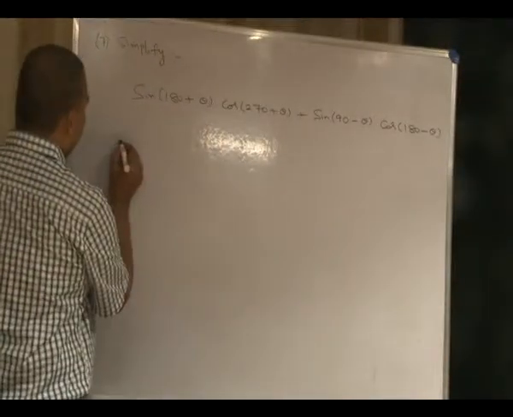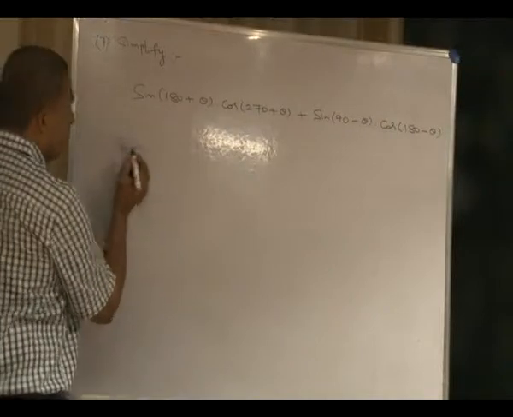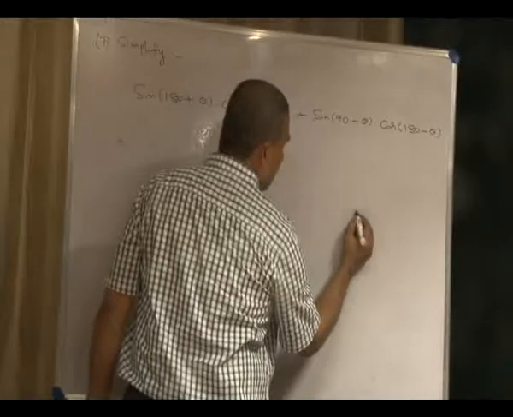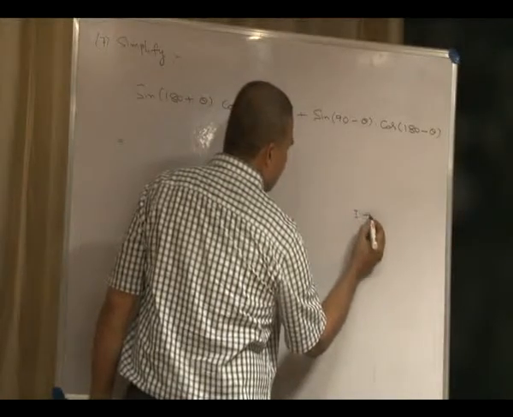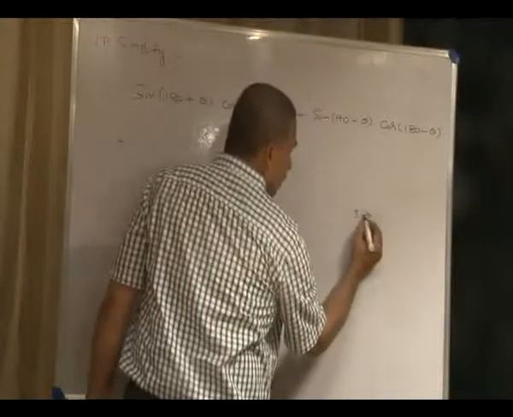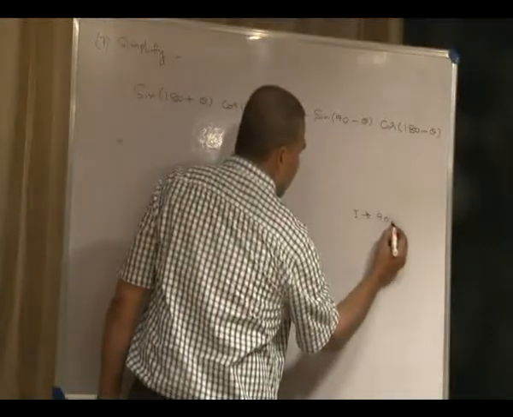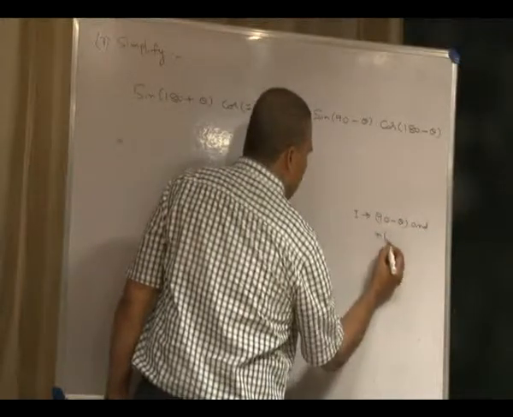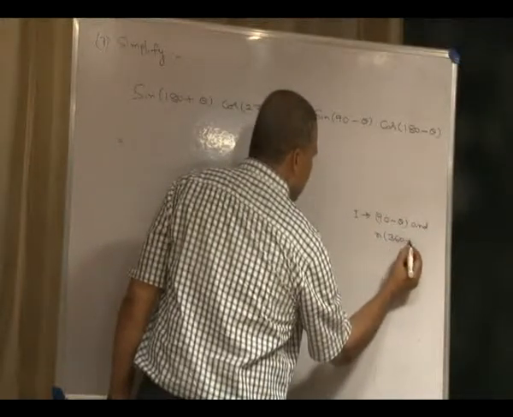Here in allied angles, once again I repeat this: in the first quadrant the angles are 90 minus theta and n times 360 plus theta.